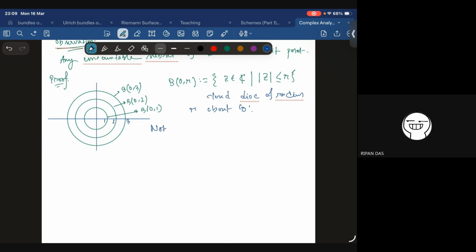Notice that C is the union of B0R, R belongs to natural numbers. Is it clear?